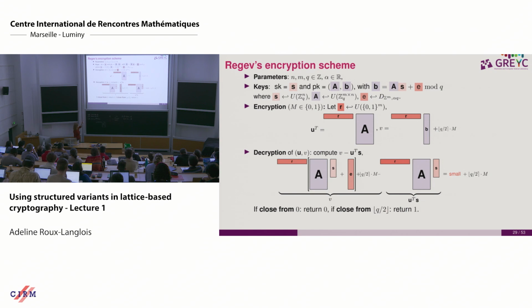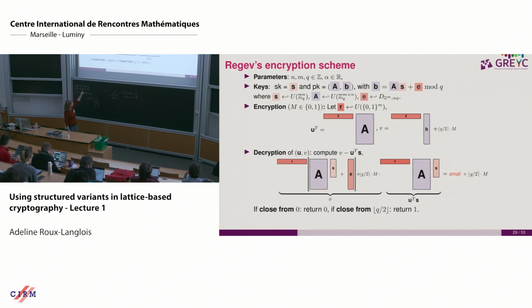So V is R times B plus Q over 2 times M, and B is AS plus E. So if you do the computation, you will see that the R times A times S block will simplify.